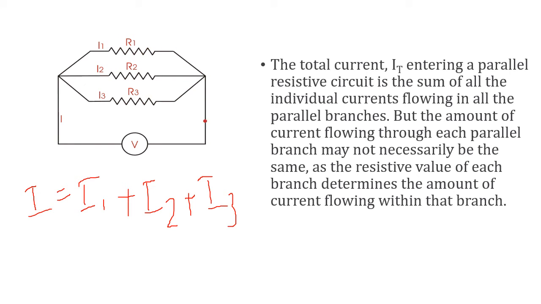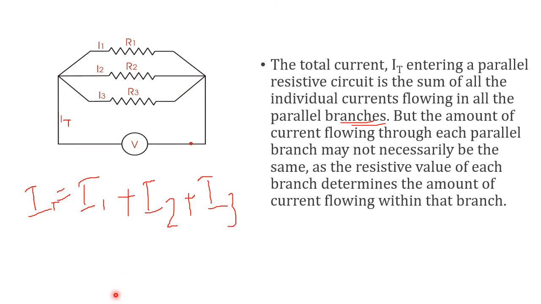So the sum of all the individual currents flowing in all the parallel branches. So the total current IT, which is coming from the supply directly, will be equal to the sum of all the individual currents flowing in all the parallel branches.